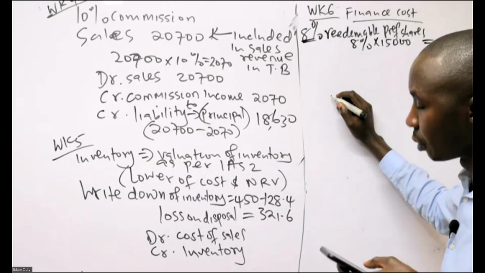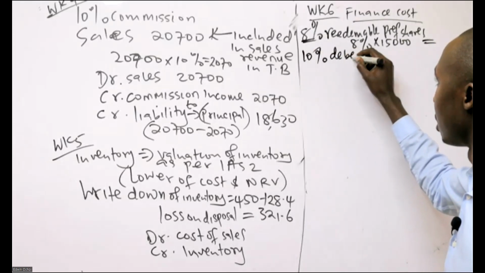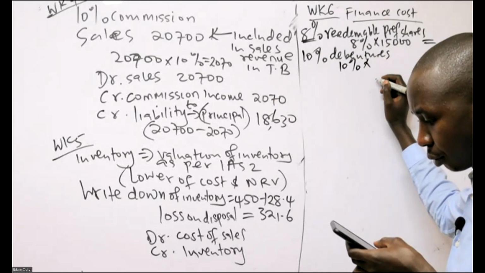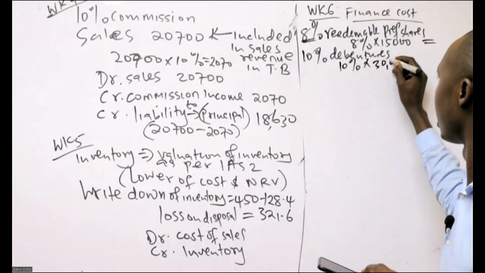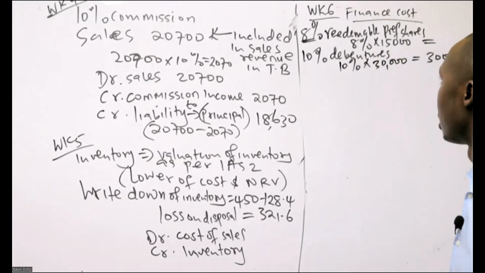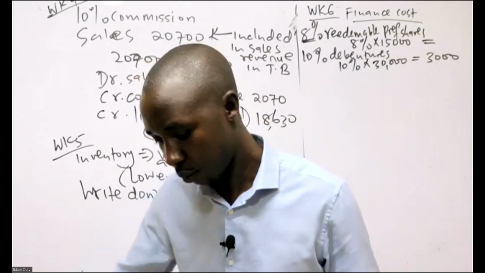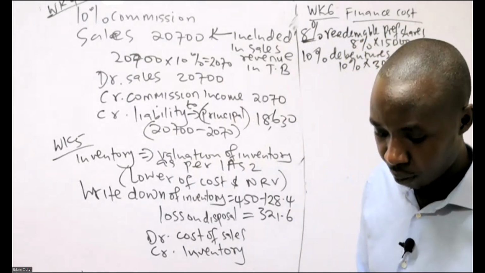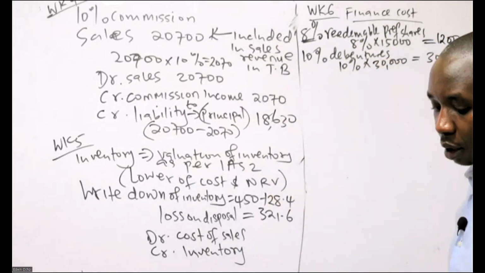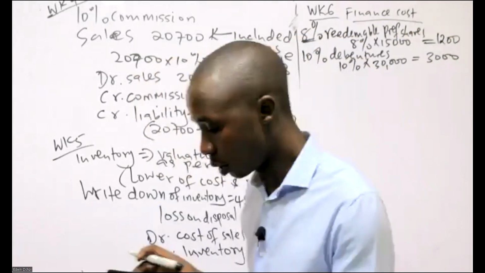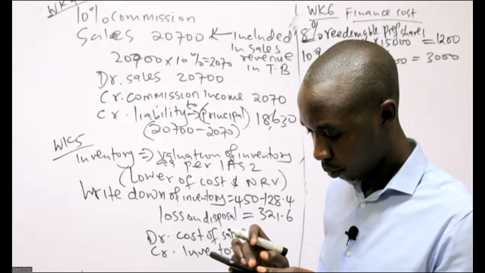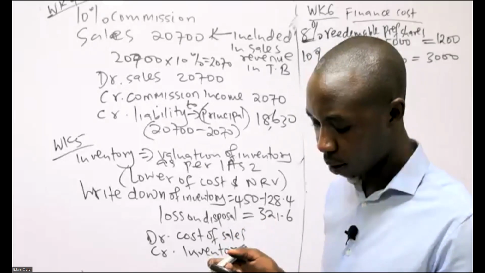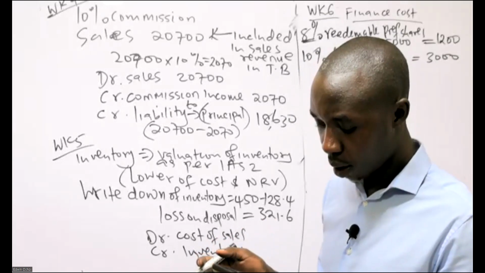We have 10% debentures, so 10% of the debenture value of 30,000 is 3,000. And 8% of 15 is 0.08 times 15, which is 1,200.